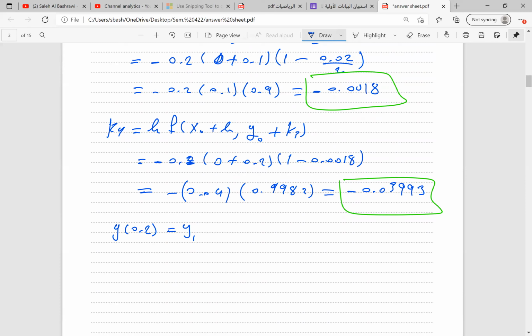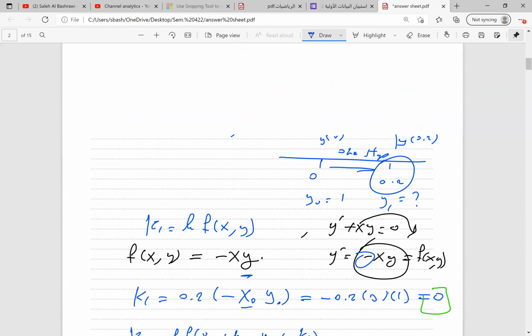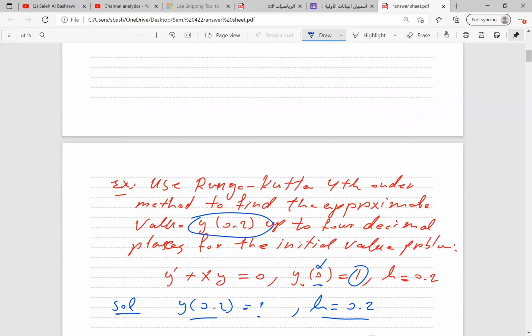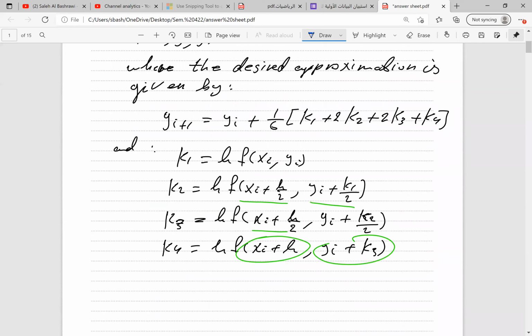So y1 is equal to y sub 0 plus 1 over 6 multiplied by k1 plus 2 k2 plus 2 k3 plus k4. That is the formula.